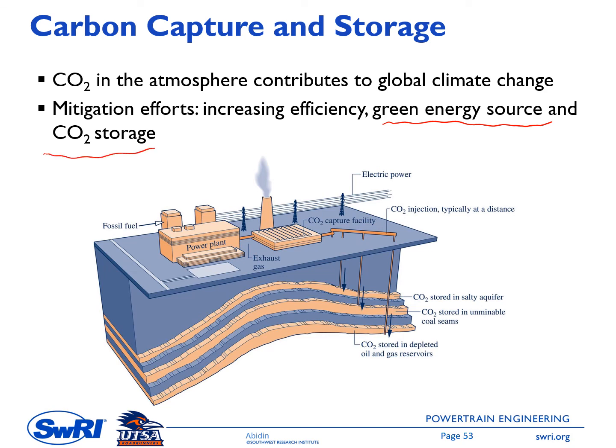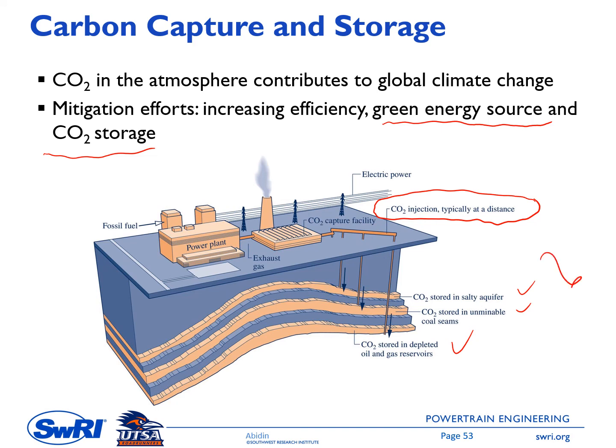This figure is showing an example of the method to store CO2 underneath the earth. So in here you can see there is a CO2 injection, and it's injected to some layer of the earth. So you see here the CO2 stored in salty aquifer, and then there is also CO2 stored in unminable coal seam, and there is also CO2 stored in depleted oil and gas reservoir.